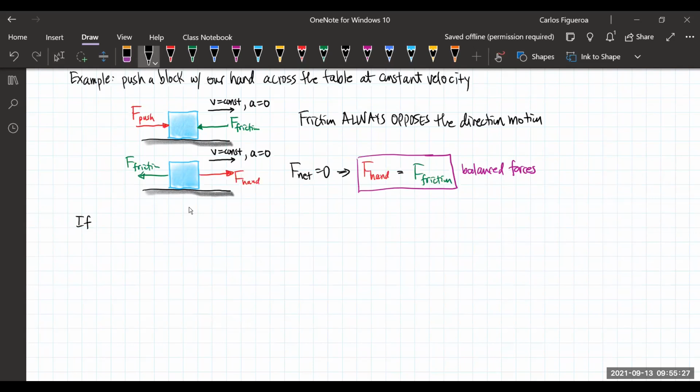If you are at rest, what this tells us here is that you feel no forces acting on you because F net is equal to 0.